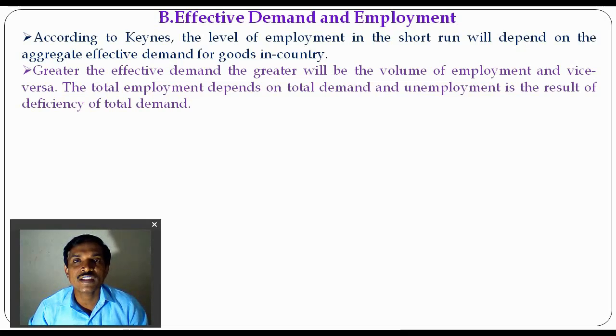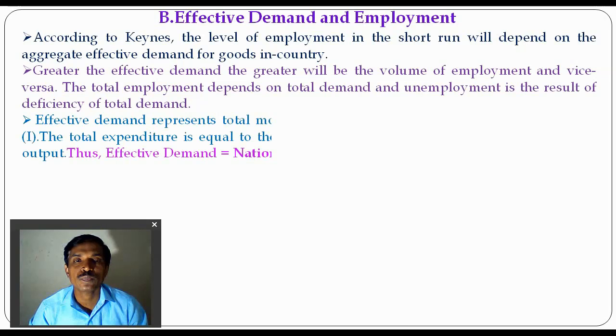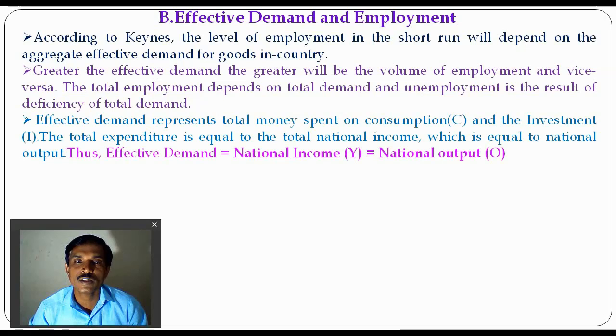So there is a need to increase the effective demand according to the Keynesian point of view. Effective demand represents the total money spent on consumption and investment. The total expenditure is equal to the total national income, which is equal to the national output. Thus effective demand is equal to national income and national output.